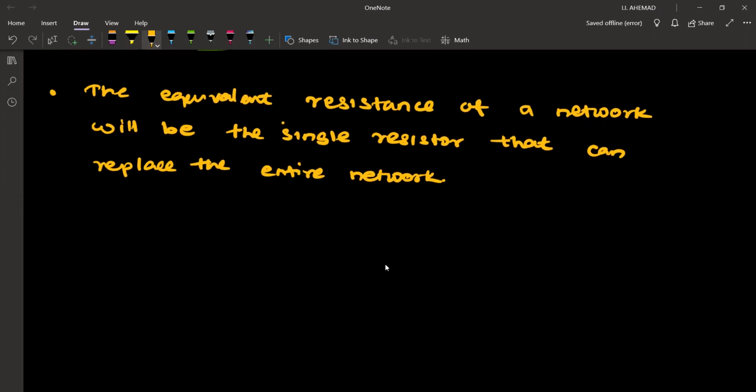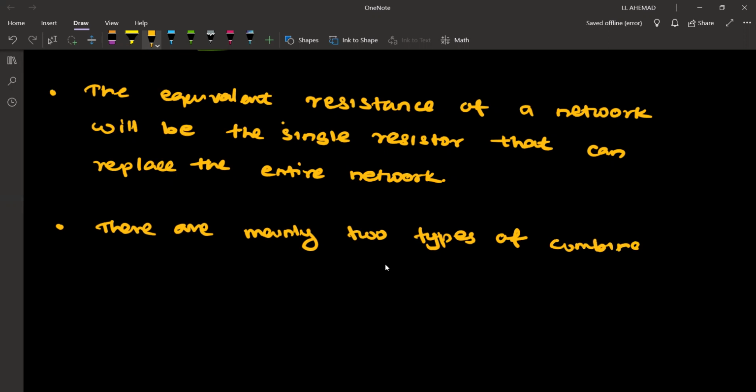So there are mainly two types of combinations that we use to form a network of resistors. There are several methods, but among them, these two are special.